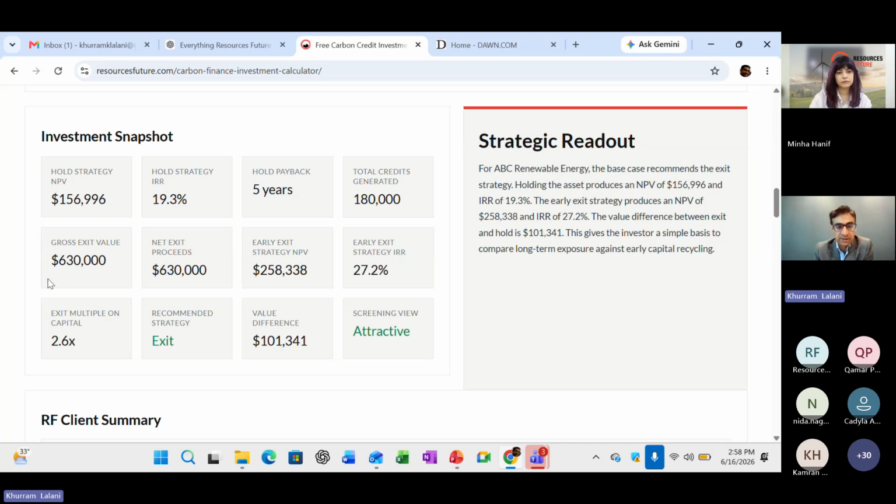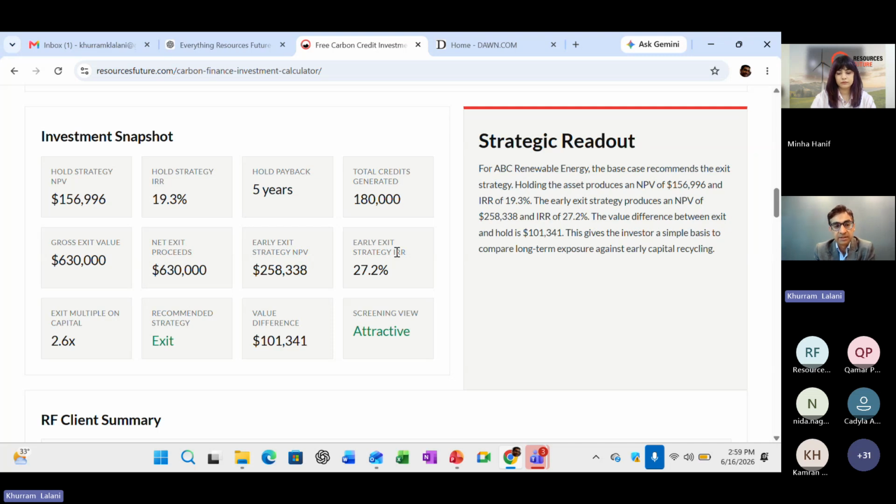My gross exit value, if I don't want to hold and I just want to exit early, is $630,000. The exit NPV is this. Exit IRR is 27.2%.